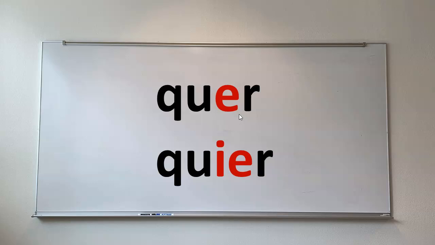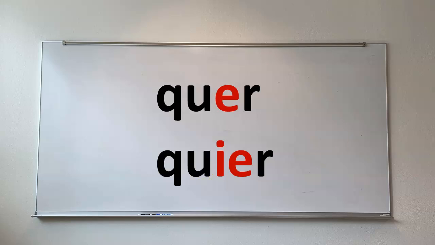But because it's a stem changing verb, in some of the forms it's going to be QUER, but in other forms, it's going to be QUIER. So there's a pattern here. We call this pattern E to IE stem changers. So when you conjugate this verb, you're going to have to use either this stem or this stem. Notice the stem changed.